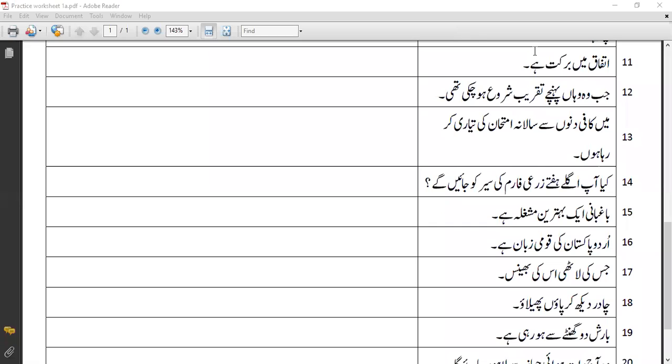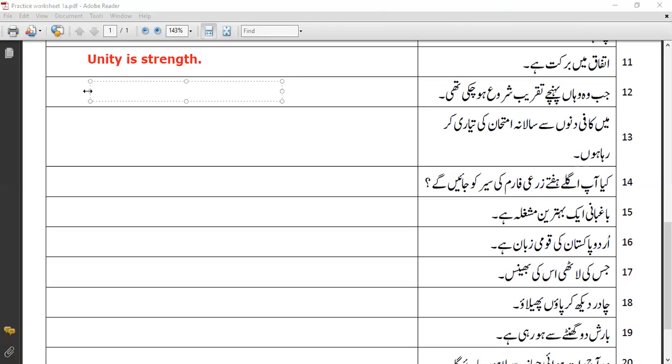Okay, this is the one which we did. The first one here. Yes, we did the 11th one. As I said, unity is strength. Okay, and moving on to the 12th one.